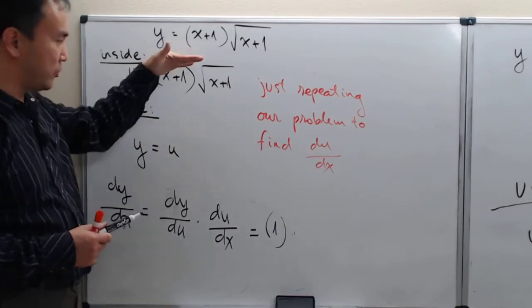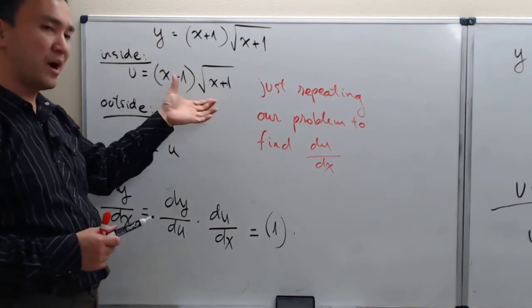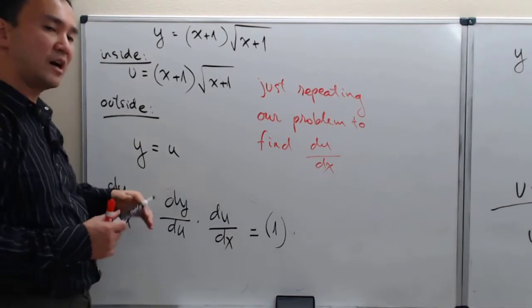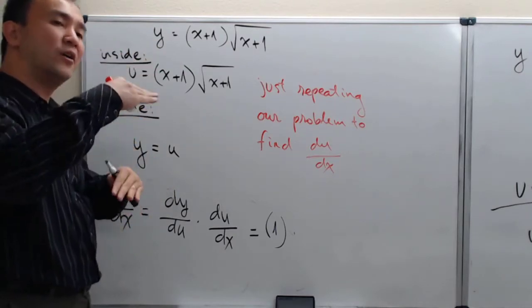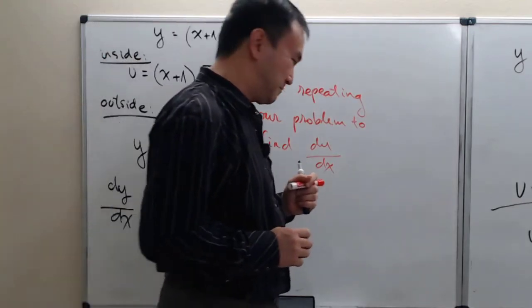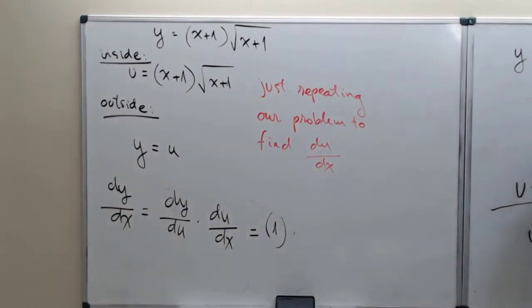But make sure you choose your inside in a way such that when you're taking the derivative of the inside and the outside, they're about an equal level of ease. Okay, and so along that way, let me bring up another quick little problem.